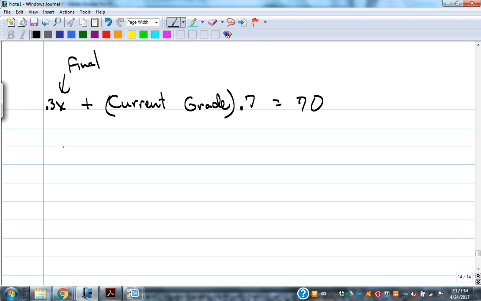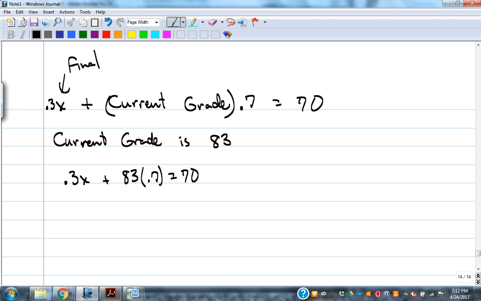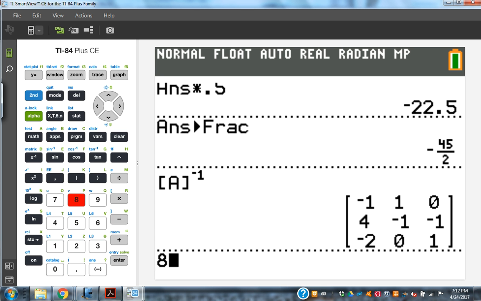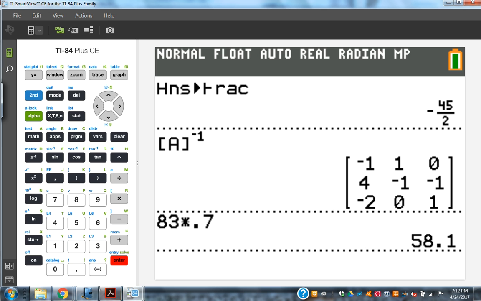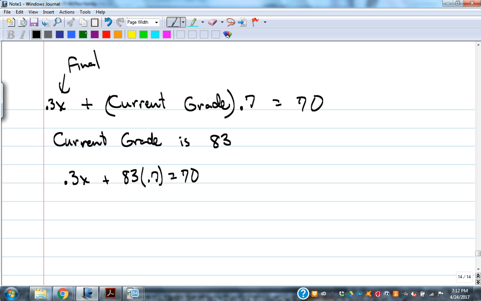So, for example, let's say my current grade is an 83. So I'd have 0.3x plus 83 times 0.7 equals 70. 83 times 0.7 is 58.1. So that's 0.3x plus 58.1 equals 70.